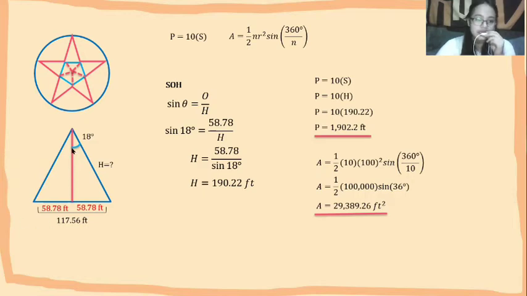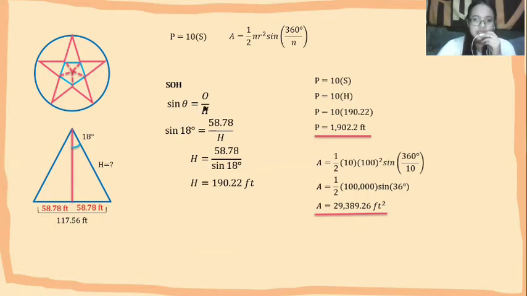So in this triangle, we have half of the 36 degrees, which is 18 degrees. So the leg here is the hypotenuse, and this is the height. This is the base here, which is already given, which is 117.56 feet.